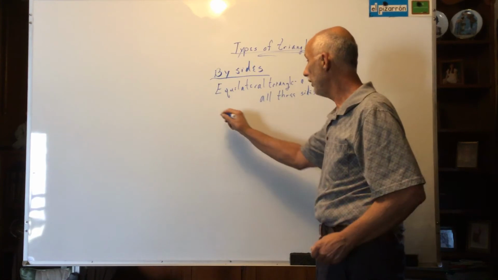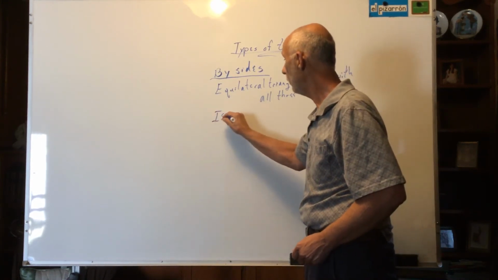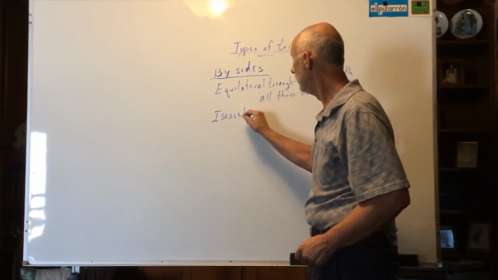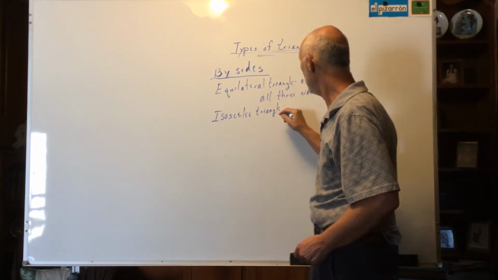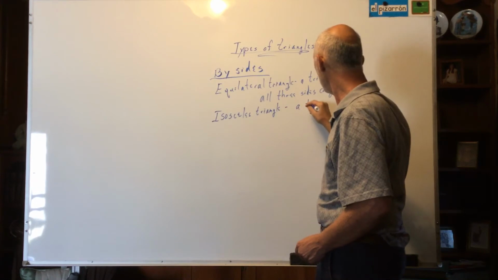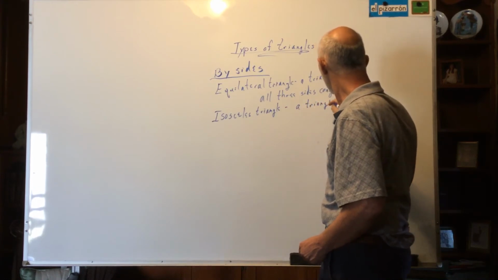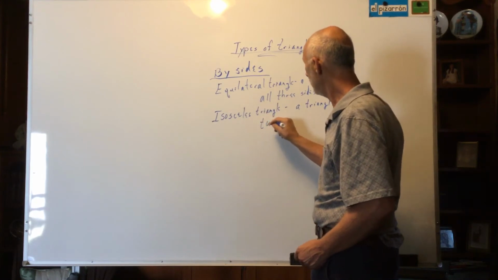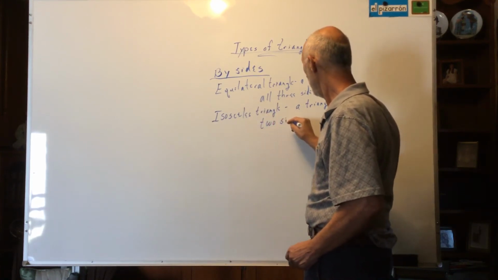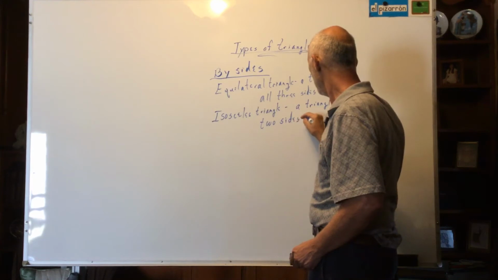Now, the second kind you can have is an isosceles triangle. And an isosceles triangle, okay, is a triangle with two sides congruent.